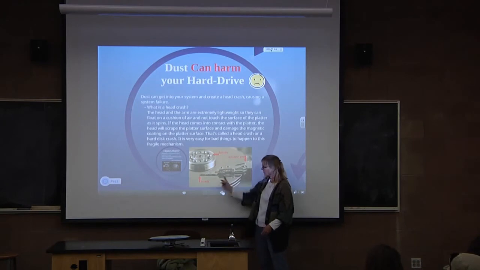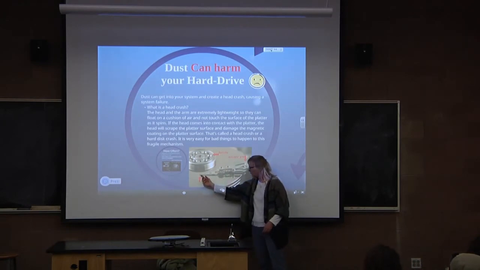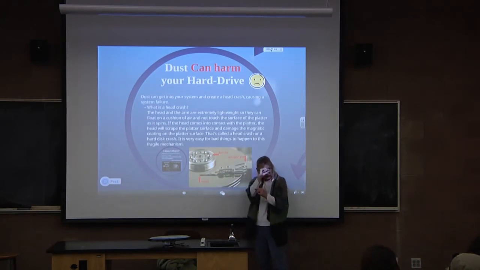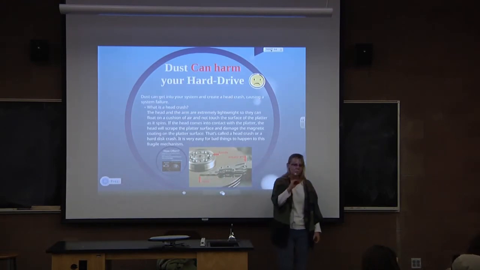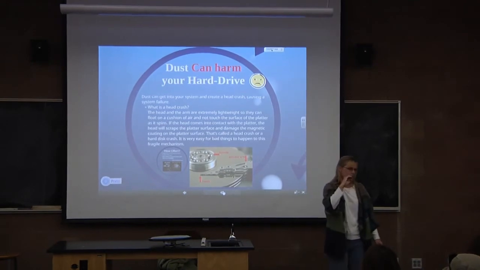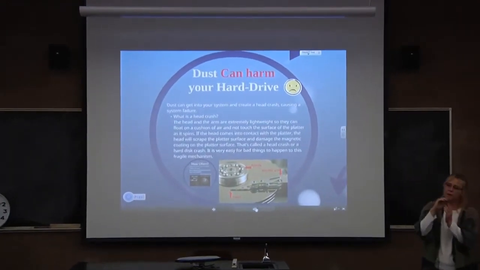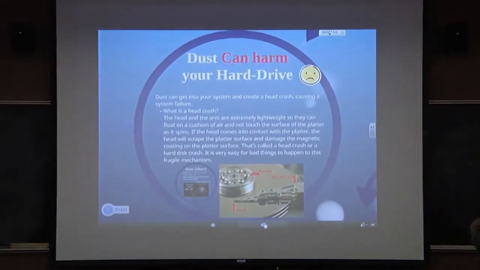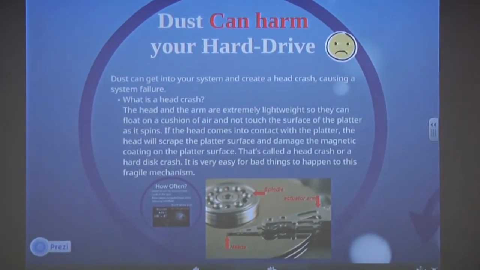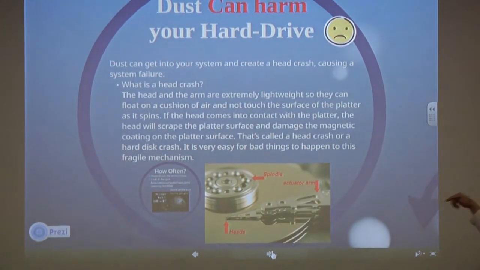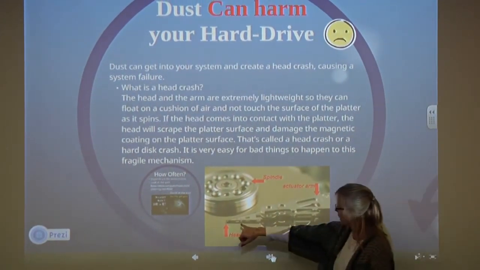This is your hard drive. There's a little teeny tiny piece of cushioned air sitting right here. And it is smaller than a dust particle. But the dust can break up and get underneath there. Hair particles, smoke particles, whatever it is, can get through the filters and land right in here.